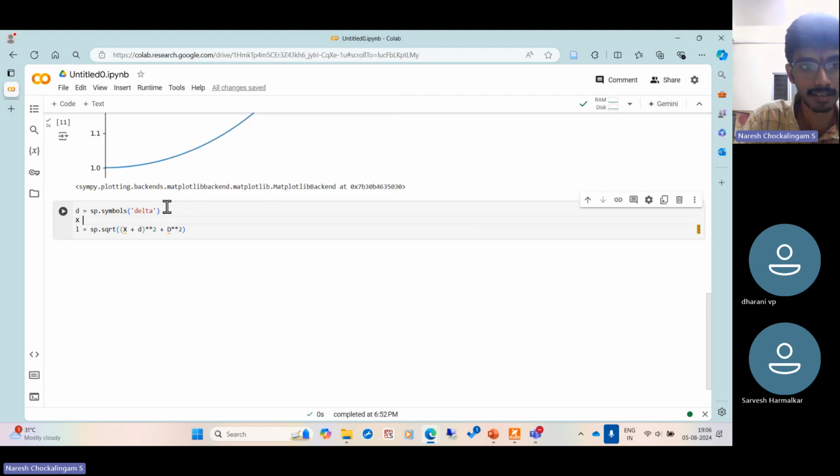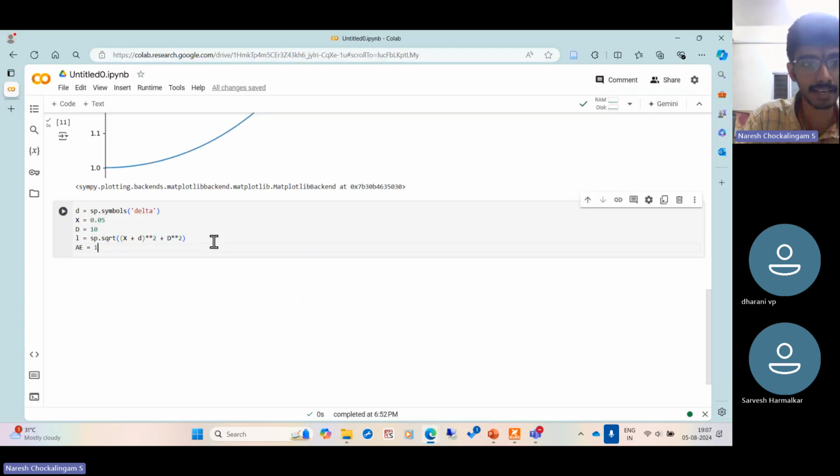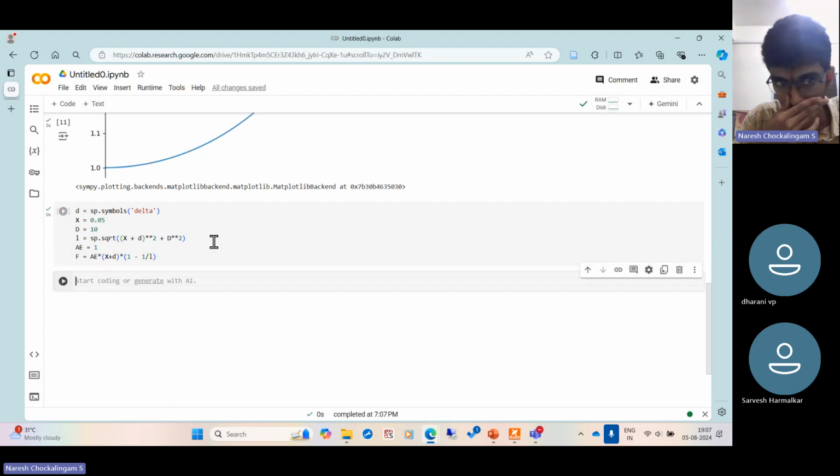So x is 0.05 and capital D is 10 meters. And what is F finally? AE, which we take as 1, multiplied by (x plus delta) multiplied by 1 minus 1 by L. Let it evaluate all this. Okay, it has evaluated. Now let us plot this.